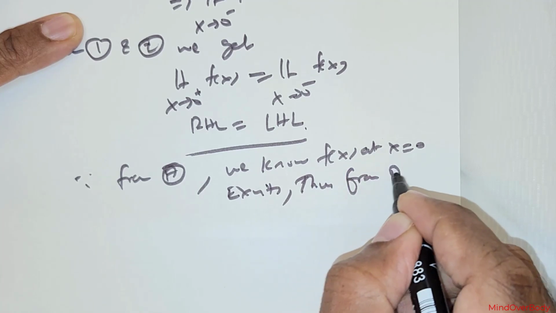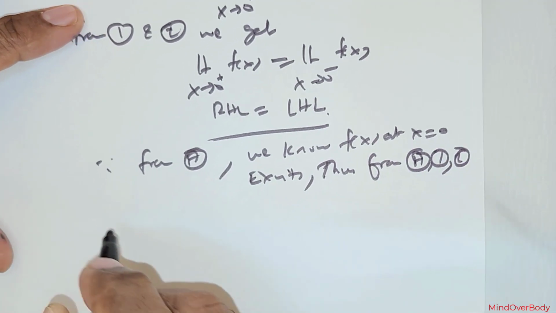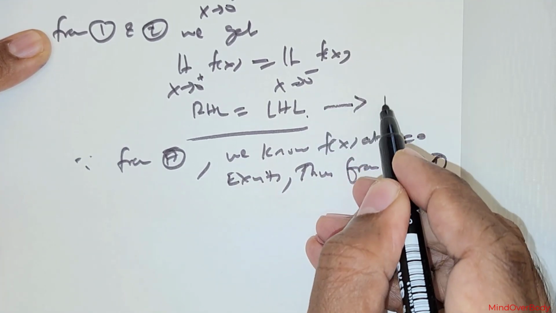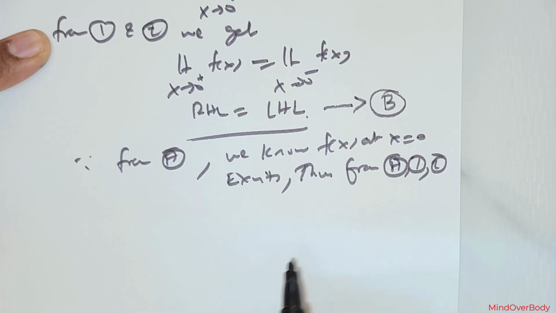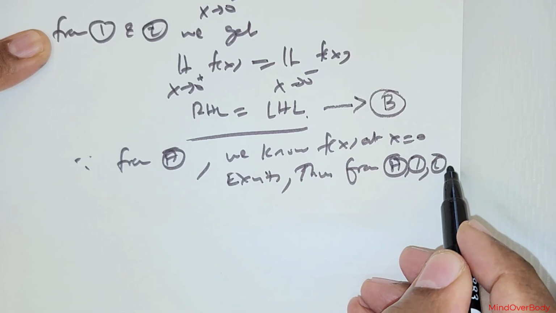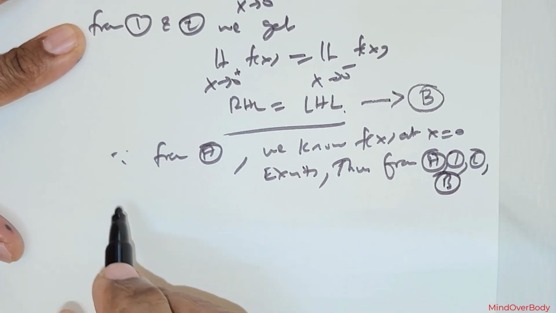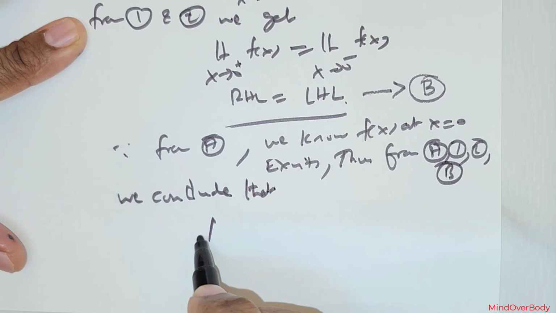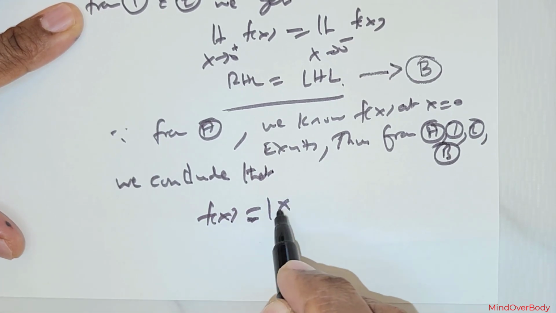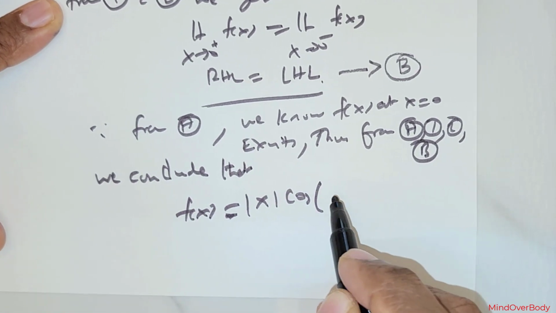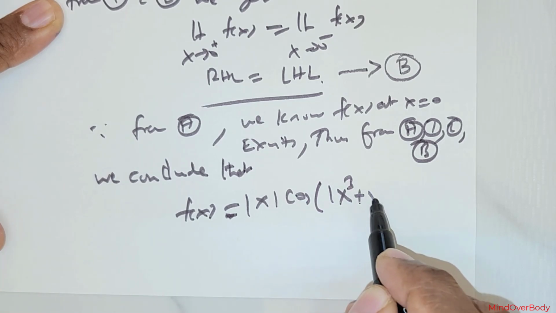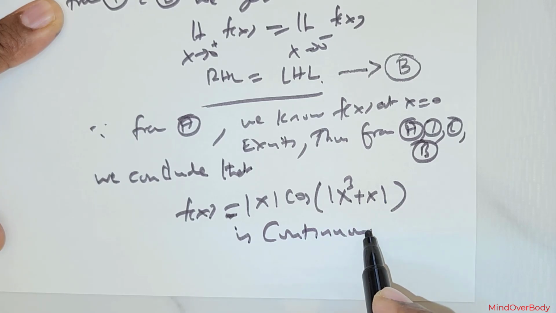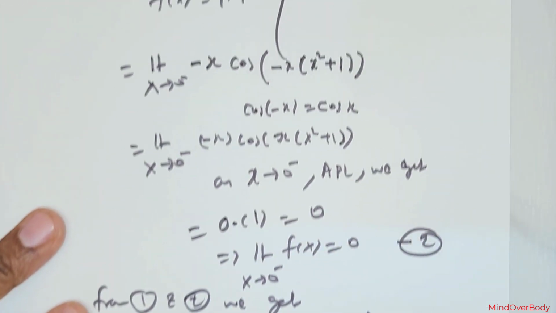Thus from a, from 1, from 2, or I would say I will give this as b, say from 1, 2 and b, we conclude that f of x is equal to modulus of x times cos of modulus of x times x squared plus 1 is continuous. So that is the conclusion for this beautiful question.